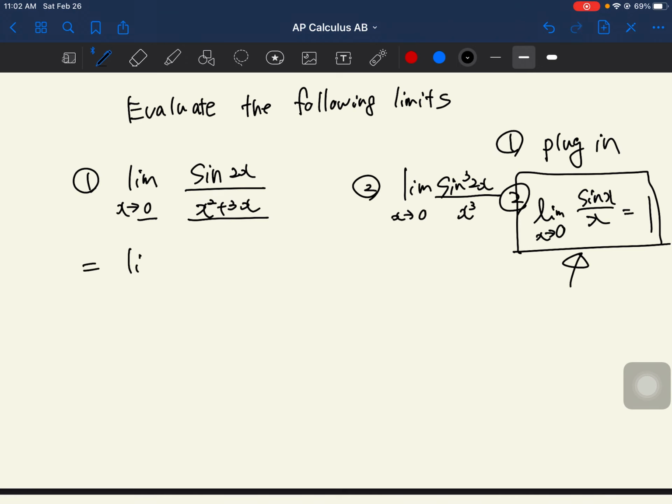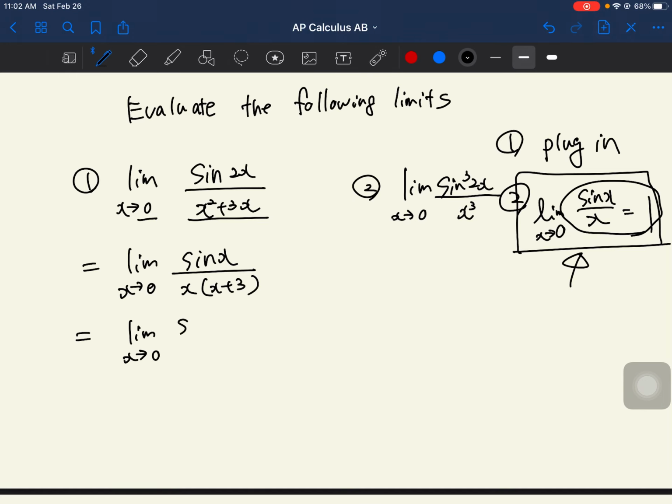But let me try. So somehow what you have to do is to create something like this, sine x over x. So let me factor the function, x times x plus 3. Now it looks a little bit similar, don't you think so? Which is limit as x approaches 0, sine x over x times 1 over x plus 3.